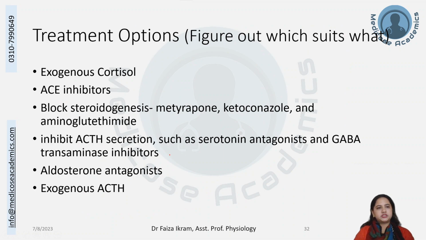And here is a combination of a few treatment options for the disorders we have discussed till now: hyper or hypo adrenal cortical hormone production. Let's see. Can you guess where these were? If there is hypoadrenal cortical hormone production, you can give exogenous cortisol.